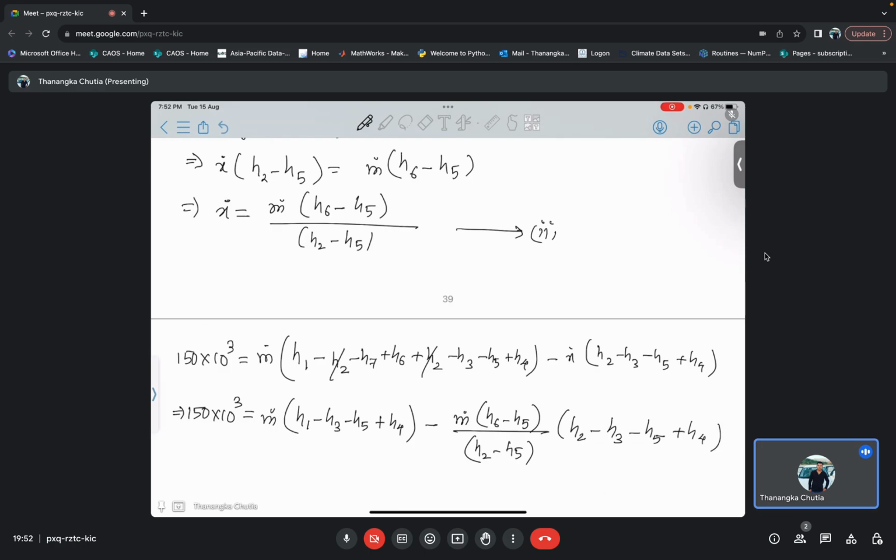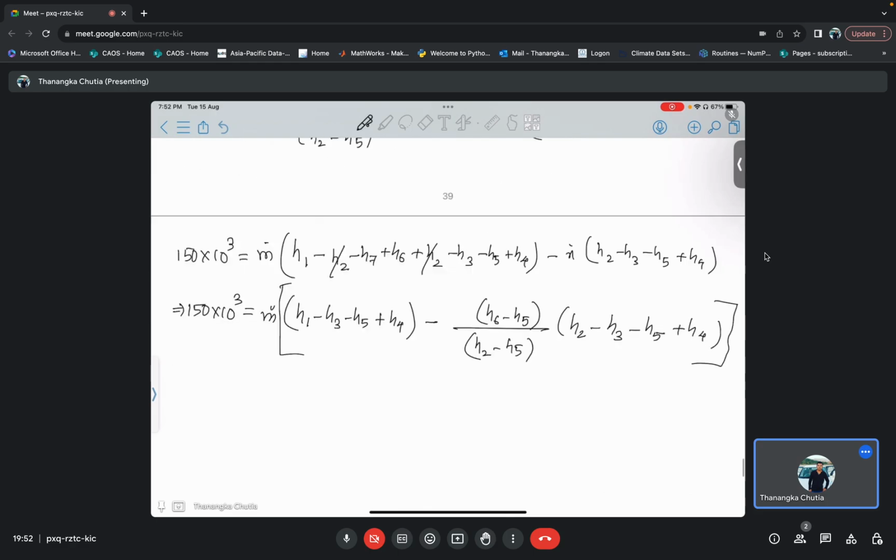So I can take this m dot out, and from here you can calculate the mass flow rate.